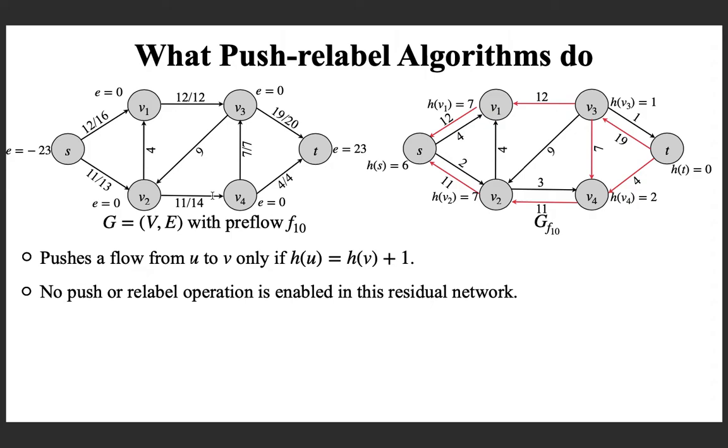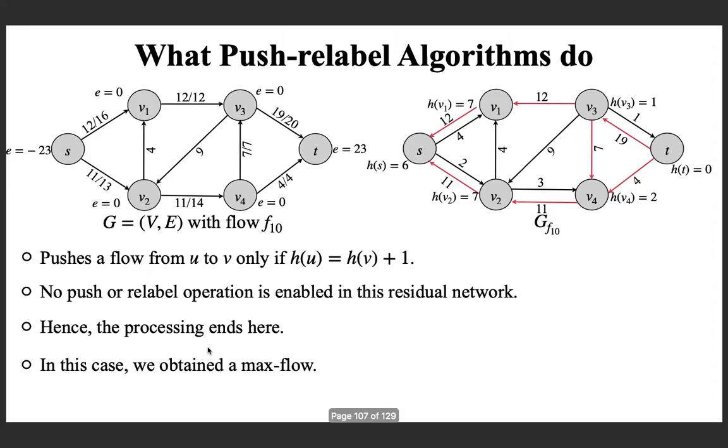So in the residual network, no push or relabel operation is enabled, and what you do is you finish here, and you can prove in the next lecture that what you obtained is actually a max flow, and now you are getting a flow.